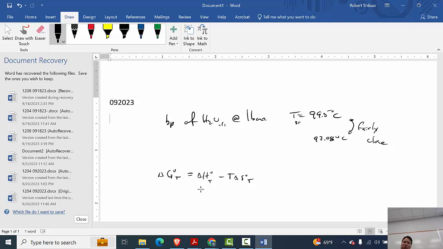In fact, we could reverse the driving force. The driving force was positive, delta G was positive. Then we set delta G equal to 0 and calculated the temperature, and that gave us the transition between positive through 0. If we keep going, we'll go negative here.